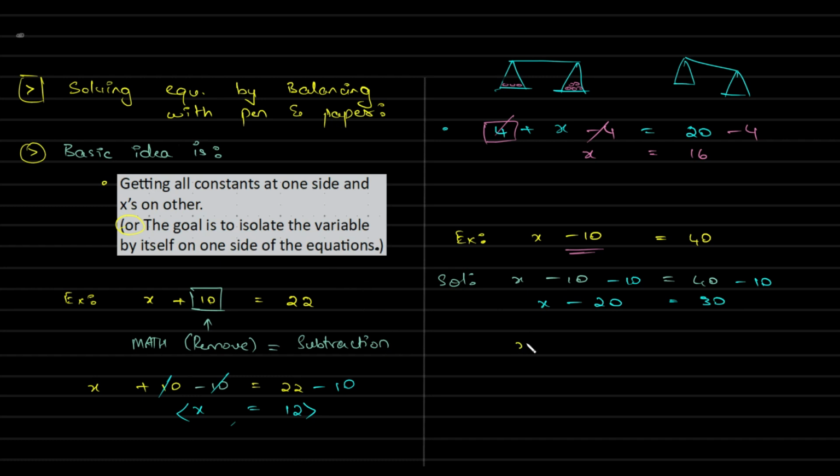So let's write the question again. x minus 10 is equal to 40. How do you remove negative 10? Plus 10, right? Therefore x is equal to 50. So if you want to remove some negative term, you need to add an equivalent positive term.